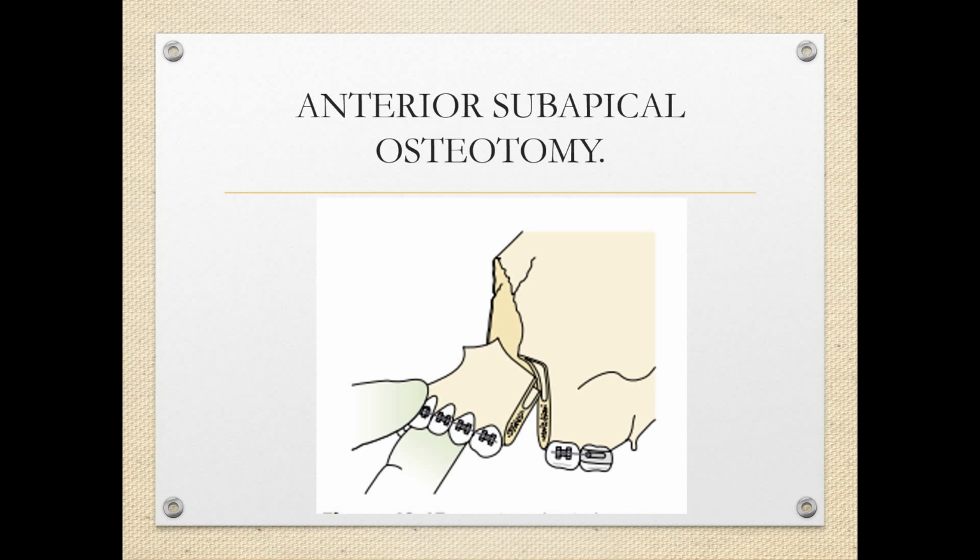Anterior subapical osteotomy achieves isolated movement of the canine and incisor teeth for easier reduction of an overjet or correction of a vertical discrepancy, usually anterior open bite.